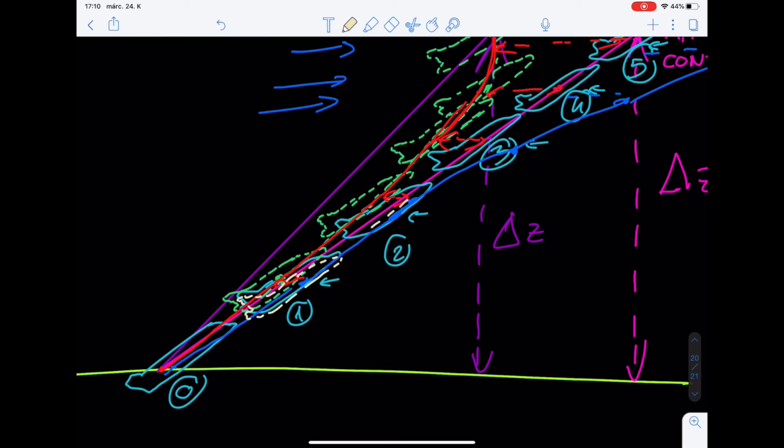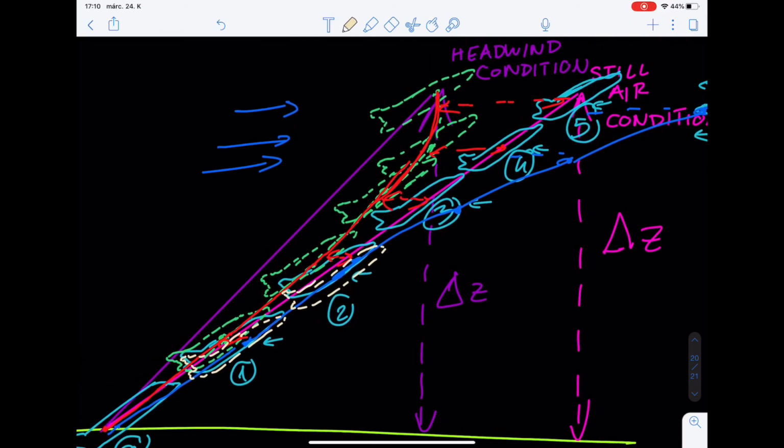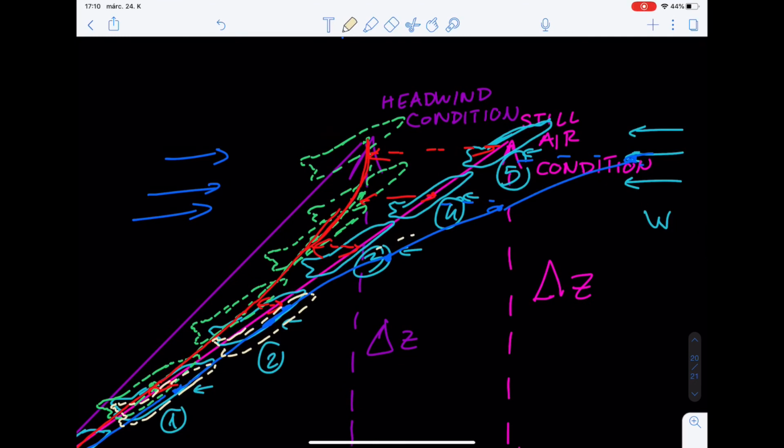So these little airplanes are going to get further and further from each other as time goes by, until at the very end, this would be the effect of the tailwind.